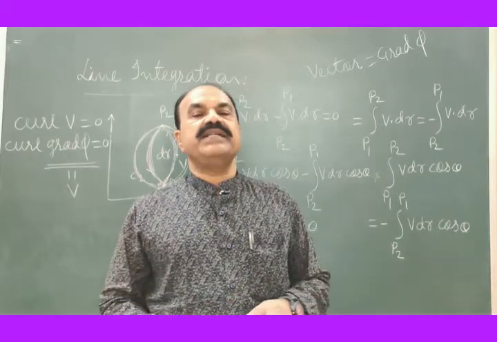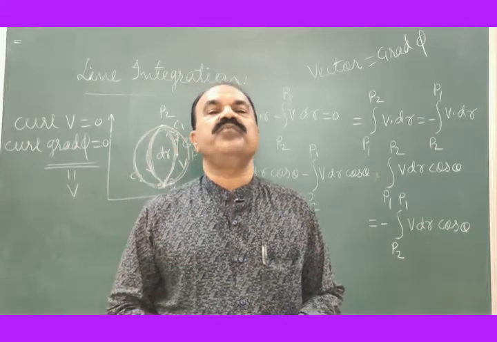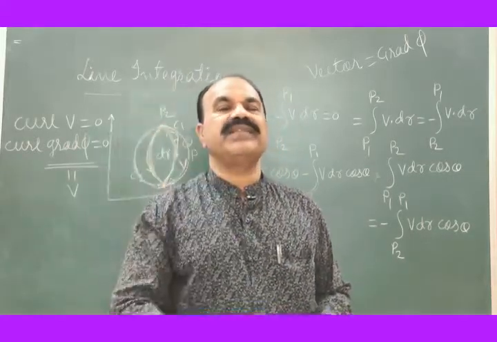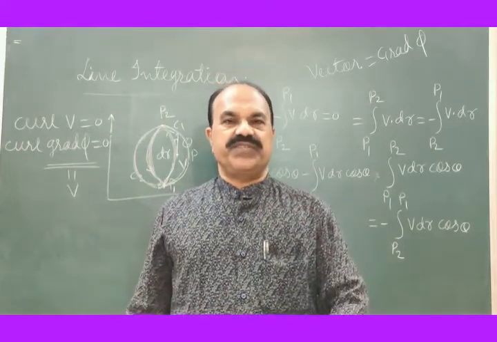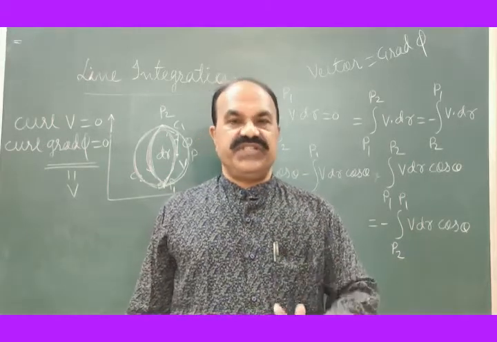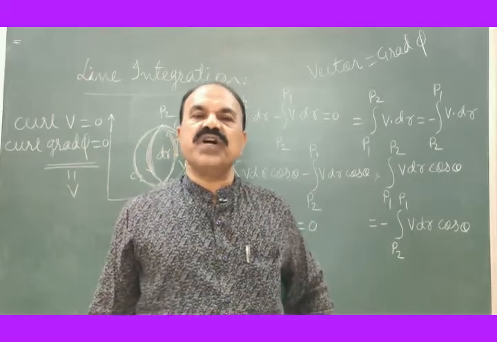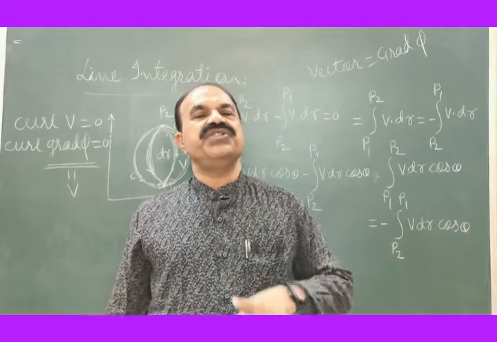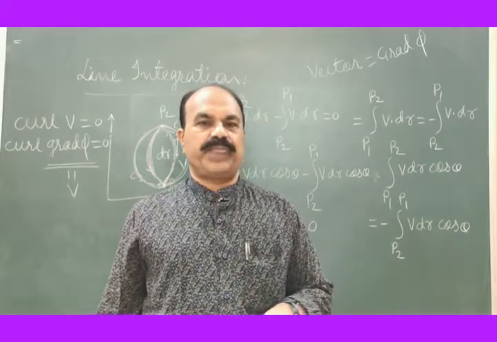It means that the line integration is independent of the path considered. Irrespective of any closed path you consider, the line integration about a closed path is always 0. This is the important property of conservative vector fields.